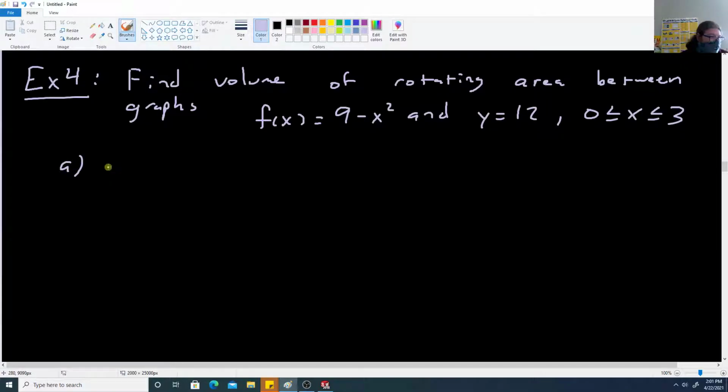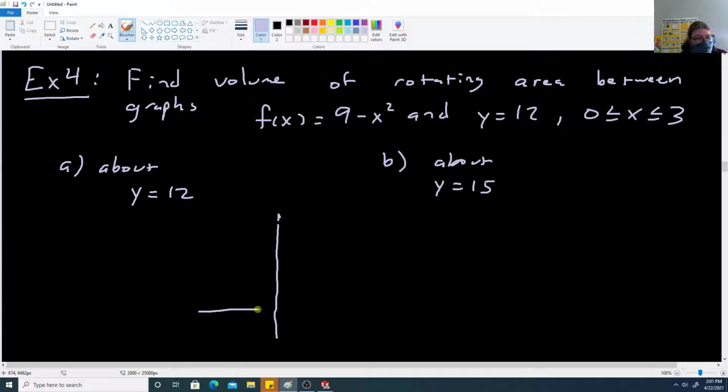Part A is about the line y equals 12. Part B is about the line y equals 15. So let's graph these to get an idea of what we're dealing with.